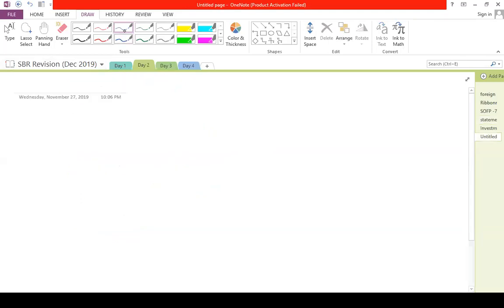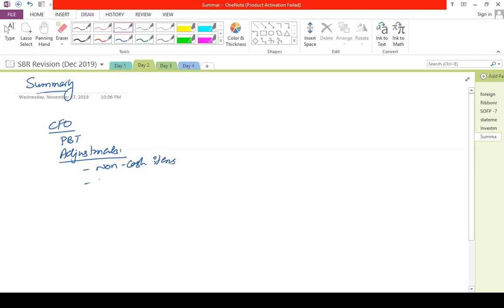So as a summary, we can say that in the cash flow from operating activities, we write the PBT, we write the adjustments where we adjust the non-cash items and the non-operating items.